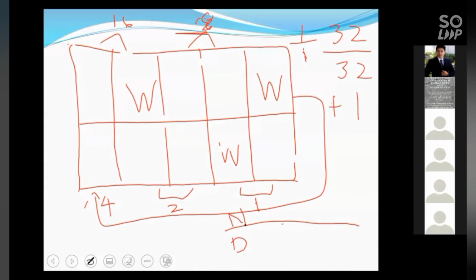Remember, ang kasama ng denominator is 1, 3, 5, 7, 9. Ang kasama naman sa numerator is 2, 4, 6, 8, 10.